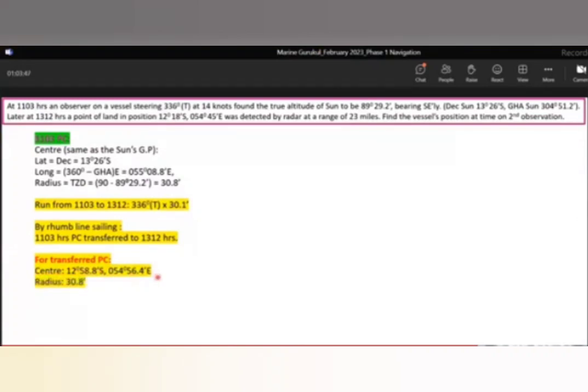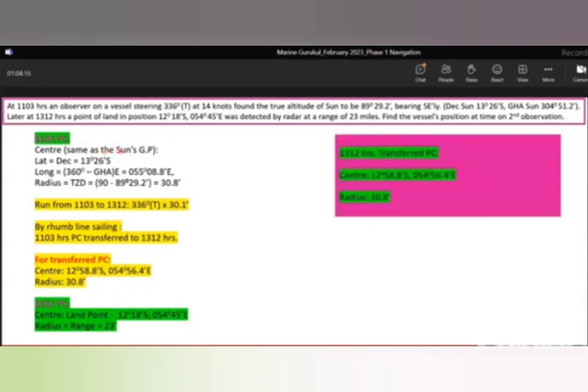The radius obviously shall remain the same as the original PC, which will be 30.8 minutes. Now the 1312 PC, which is by radar range, will have its center as the point on land, whose lat and long is given in the question, and the radius shall be 23 miles. Now, having transferred the center of the first PC, we can draw two position circles for the same time.